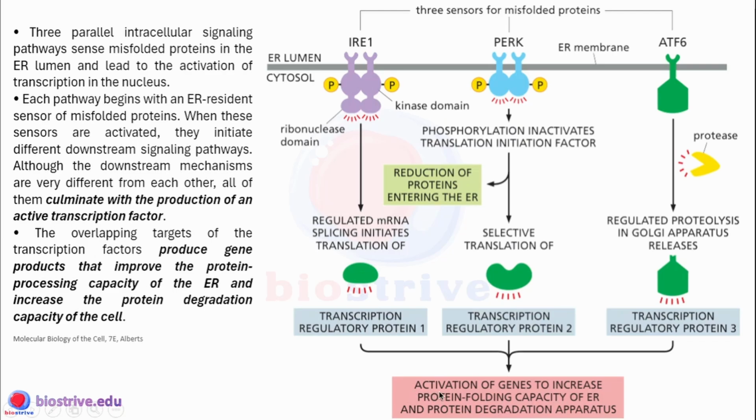All of these collectively lead to activation of genes to increase protein folding capacity of the endoplasmic reticulum and the protein degradation apparatus. It improves the functioning of proteasomal degradation. It improves the quality control of protein synthesis. It improves the quality control of protein folding as well. That is the main effector response of all these proteins. I can make separate videos if you want on all these mechanisms separately.